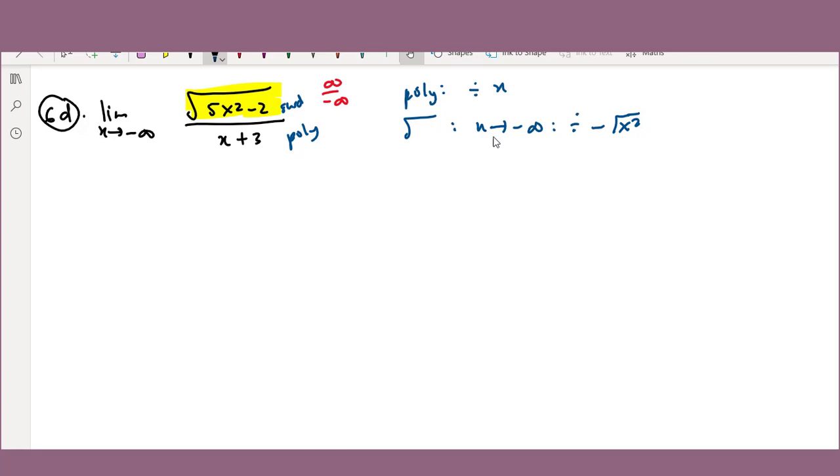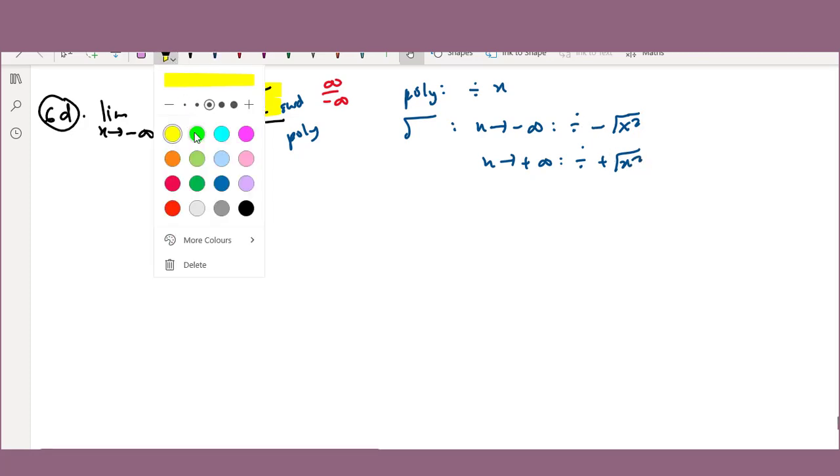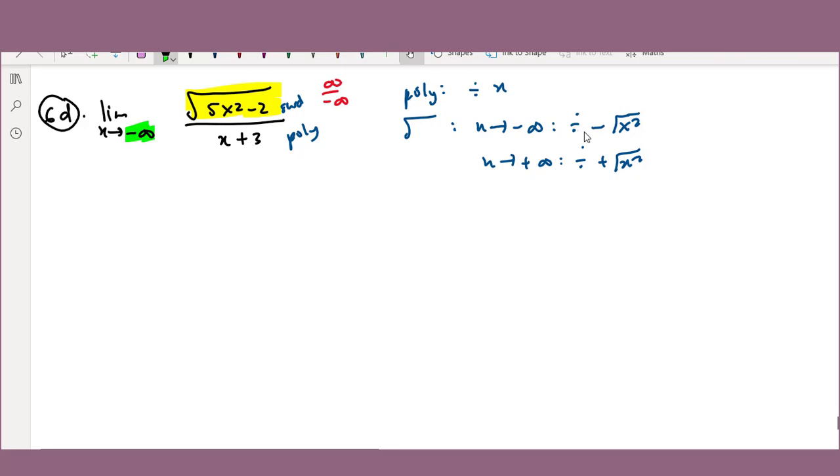If x tends to positive infinity, divide by the positive root of x squared. So here is negative infinity, so we choose this one, divide by the negative root of x squared. Okay, continue. Limit as x approaches negative infinity.